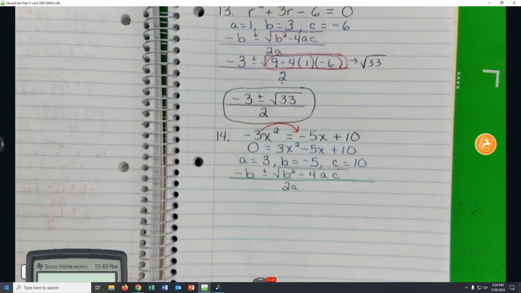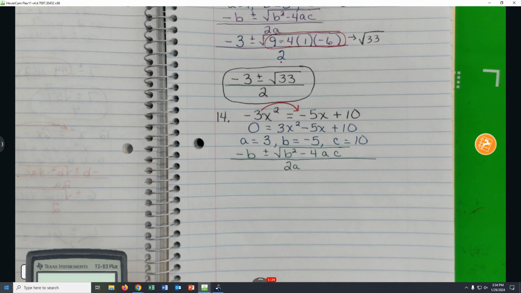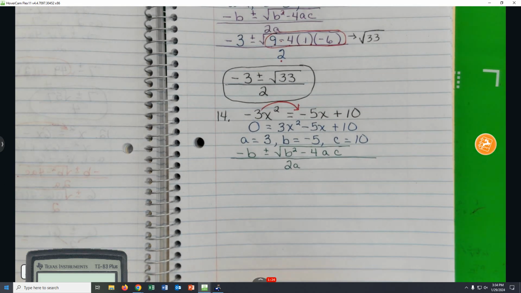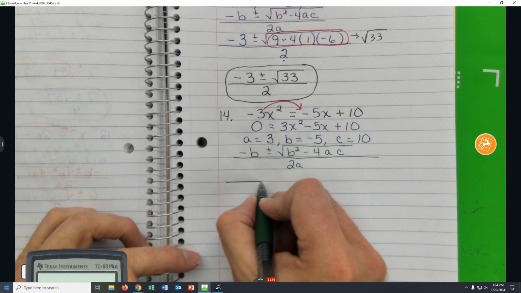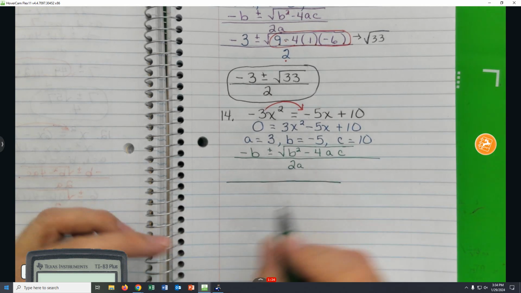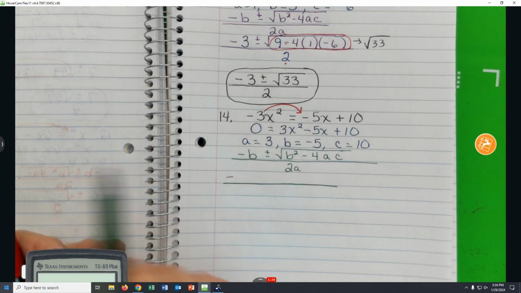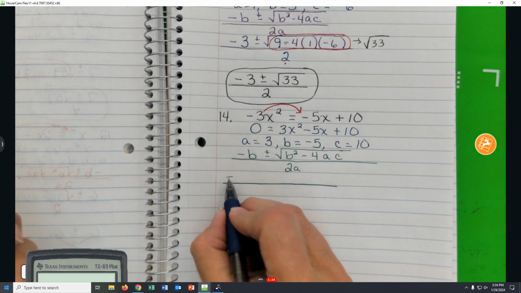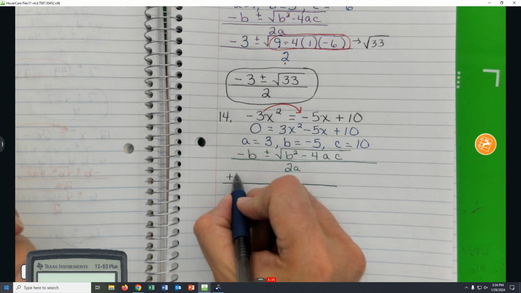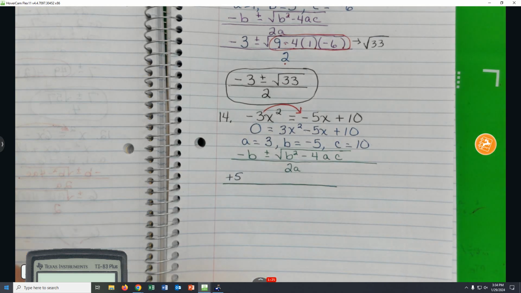Am I showing my work? Okay, good. So every time you use the quadratic formula, write it down, and you'll have it almost memorized. Let me draw my fraction bar. Negative b. B is a negative 5, so negative, negative, will that be a positive 5?